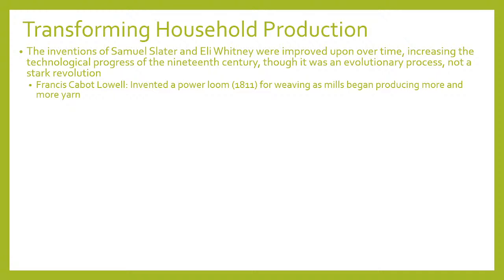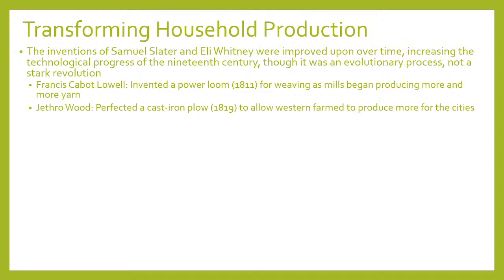Francis Cabot Lowell, for example, created the power loom, which is to say, a textile machine, a spinning machine that is strong enough to withstand being used by a steam engine or a water wheel, depending on where they were, rather than being powered by a foot pump, which was very important considering the scale that we start looking at when it comes to these machines.